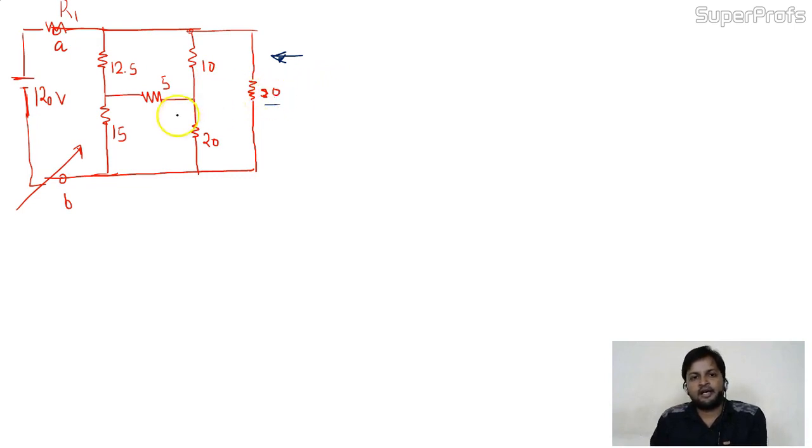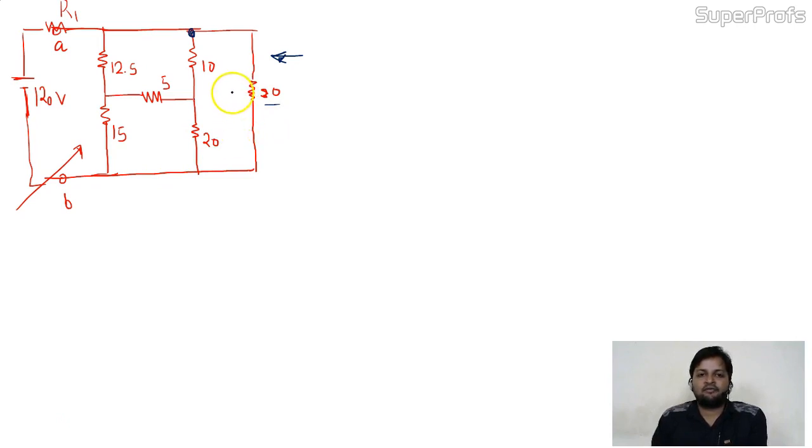No. Are they in parallel? No. Though the starting point is same for these two resistances, the ending points are different. For the parallel connection definition, the starting points and the ending points should be the same for elements connected in parallel. The same thing is with 20 and 30 also. No series, no parallel, nothing.